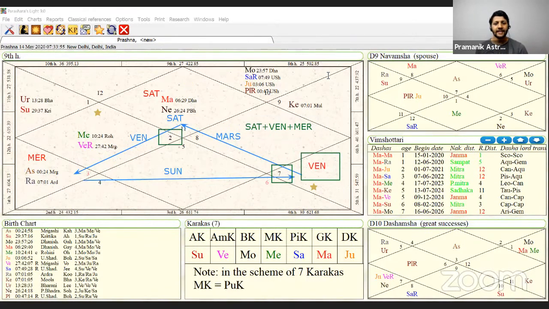Let's assume we have Venus plus Mars here. Now what's happening? Now the lord of the seventh, lord of the ninth, conjunct the lord of the 10th, right? So the 10th and the ninth lord conjunction is the best conjunction for any of the lagna.